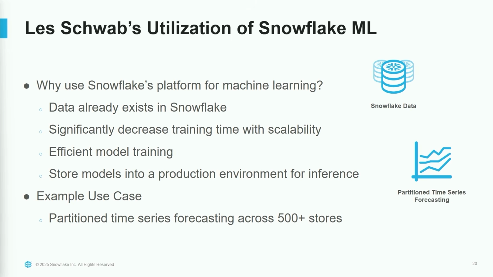Really need to take advantage of something that has more compute power and using a multi-node, multi-GPU environment without having to play around with debugging or troubleshooting or any of the other issues that you might run across. Being able to just use something out of the box that just works has saved us a considerable amount of time. And not to mention the model registry, being able to store models in a production environment with version control.